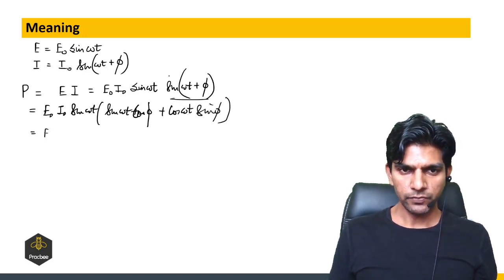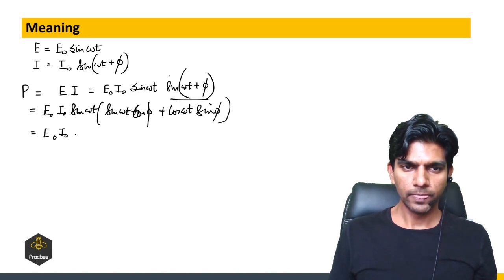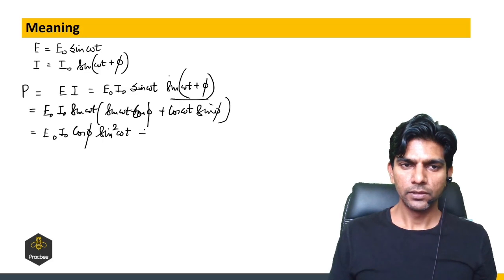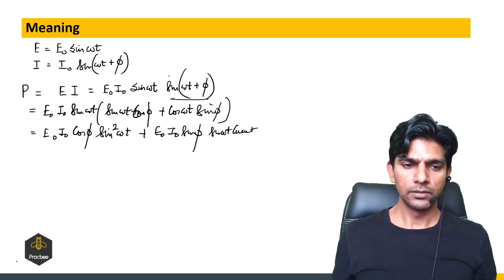We can further simplify this. So this will become E naught I naught cos phi sine square omega t plus E naught I naught sine phi sine omega t cos omega t.